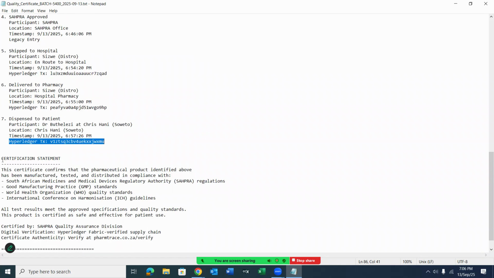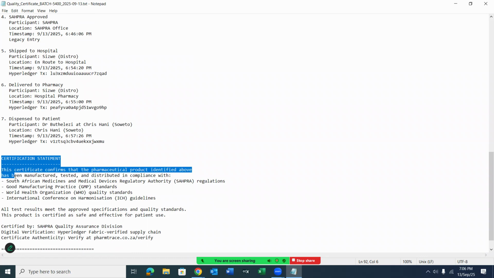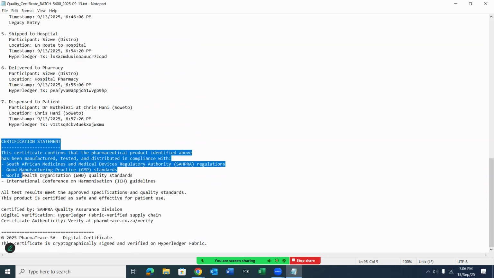Now SIPO can also read that this certification statement, this certificate confirms that the pharmaceutical product identified above has been manufactured, tested, and distributed in compliance with South African Medicines and Medical Devices Regulatory Authority, which is SAPRA. And then good manufacturing practice standards, meaning that these standards were also followed.